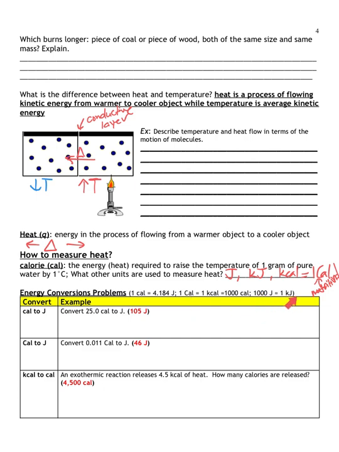Kilojoules and joules are related through 1,000: 1,000 joules equals 1 kilojoule. So we're going to convert from calories to joules in this first scenario, then nutritional calories to joules, and then kilocal to cal. Easy conversions.